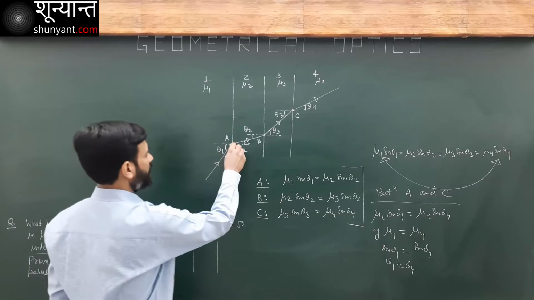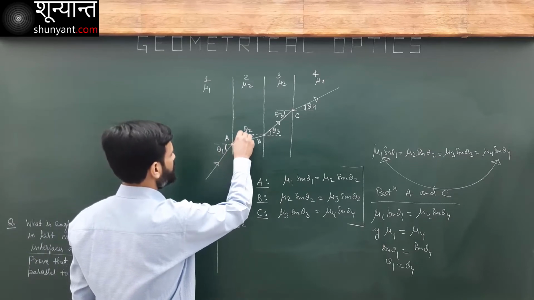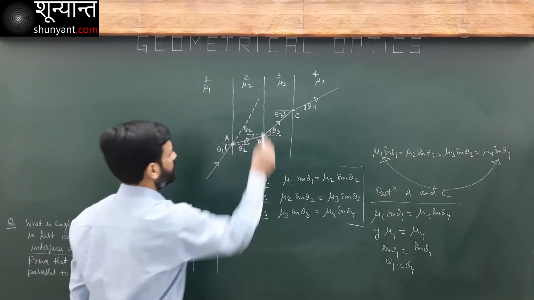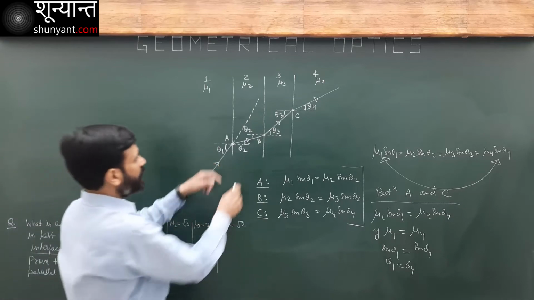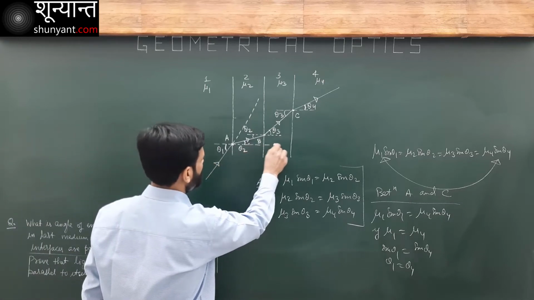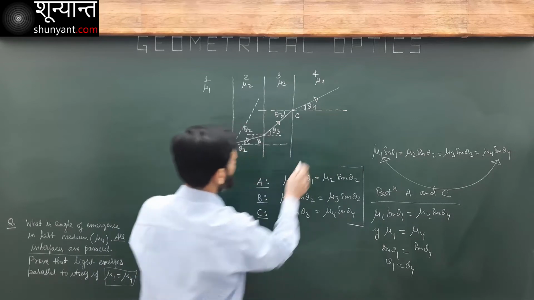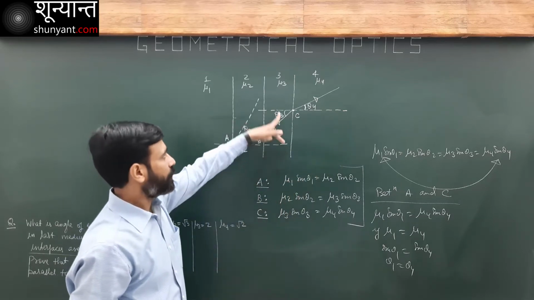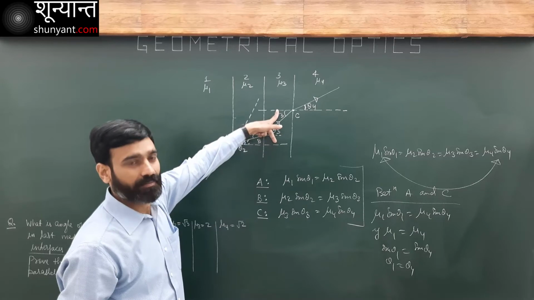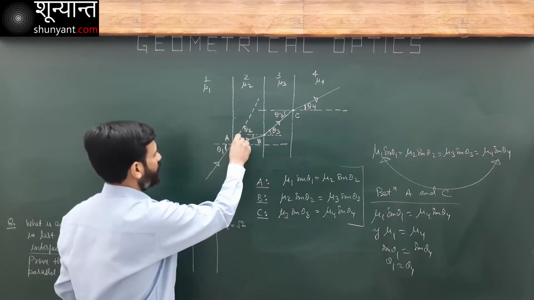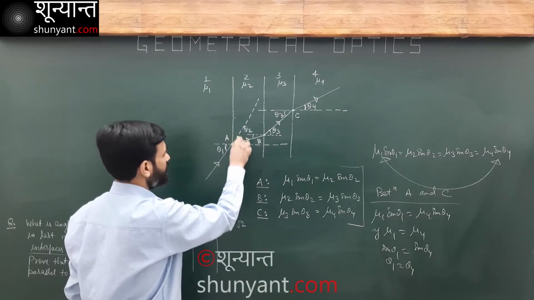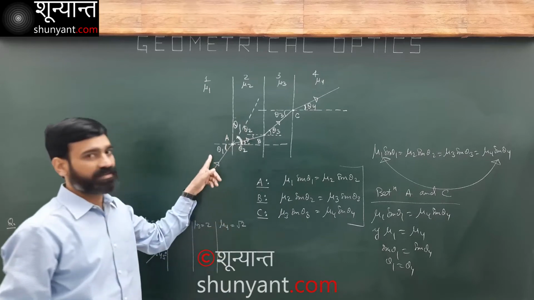This light is making what angle with this normal? This is my normal. This also is my normal. Both lines are parallel. The normal here and the normal here, both normals are parallel. The incident light is making what angle with the normal? This angle is theta 1, same as theta 1 here.